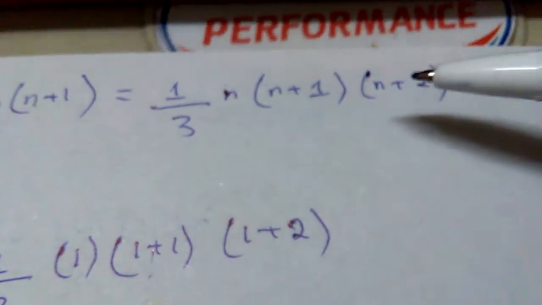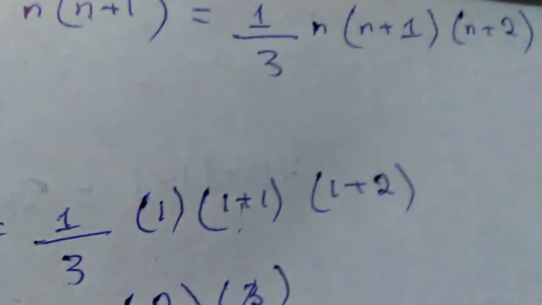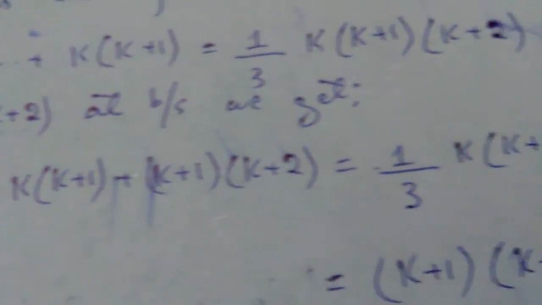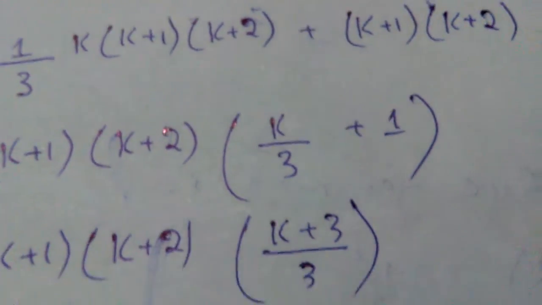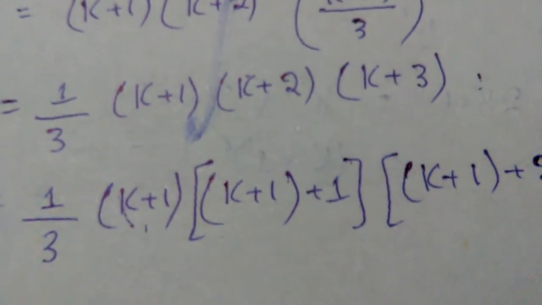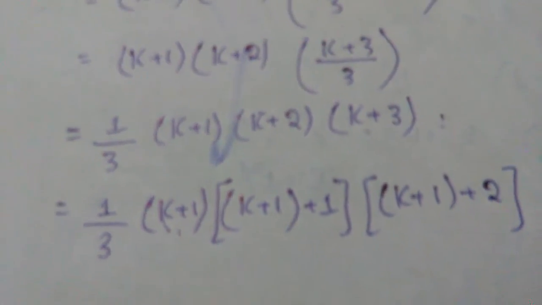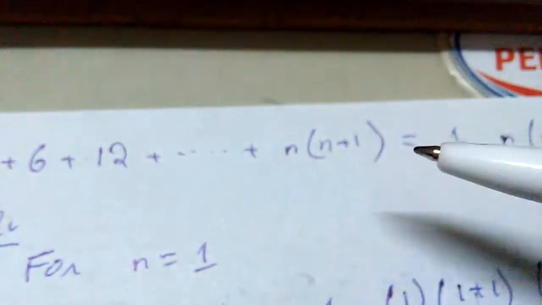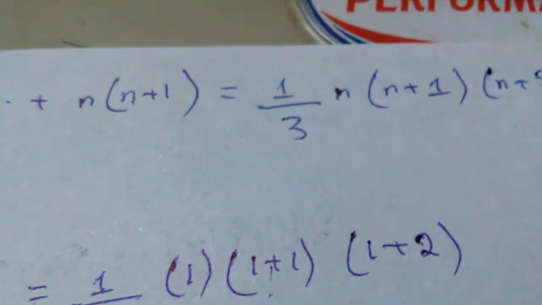So you see the given p of n is, if it is true for n equals to k, then obviously it is true for n equals to k plus 1 as well. So according to mathematical induction, therefore, the given p of n is true for all natural numbers, I must say.